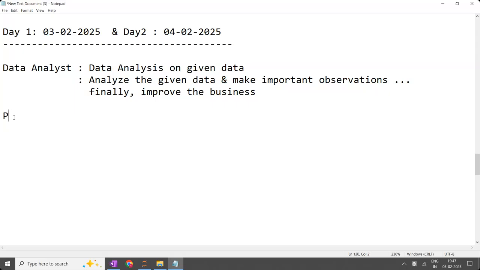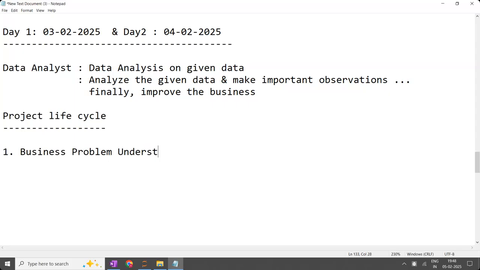Now, coming to the project life cycle. What is the project life cycle? It is what exactly a data analyst will do inside the company. First step, he will understand the business problem.